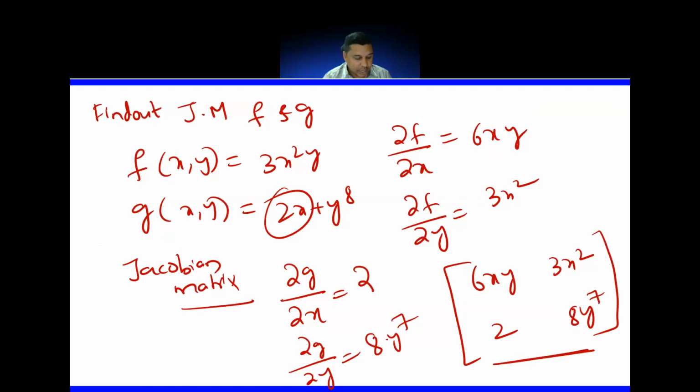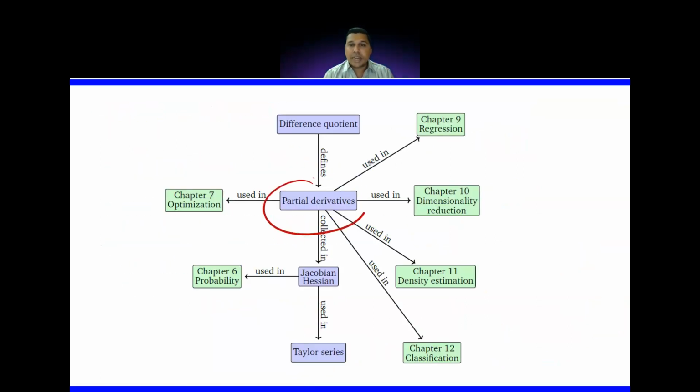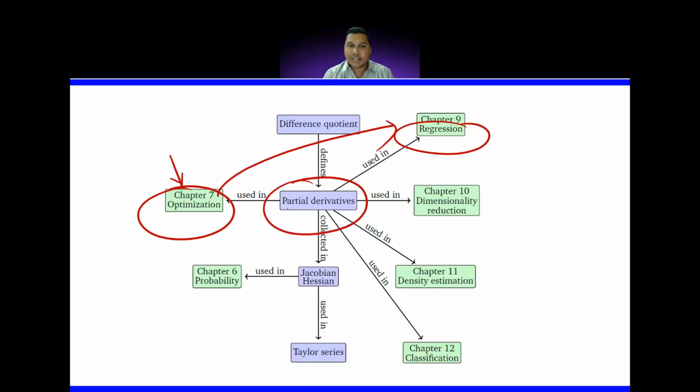Okay, so till here it is sufficient for us to understand the optimization techniques. We have already seen where we are going to use these partial derivatives. We are mainly going to use them in regression and optimization. We use partial derivatives widely in optimization techniques. We have one problem in regression, so we are trying to apply optimization in regression using gradient descent.